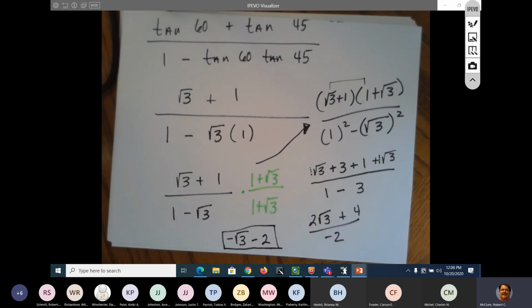Somebody check me on that and see if y'all got the same thing. Yeah, that's right. Well, we can check it. You know how we can check it? We can type it in the calculator.